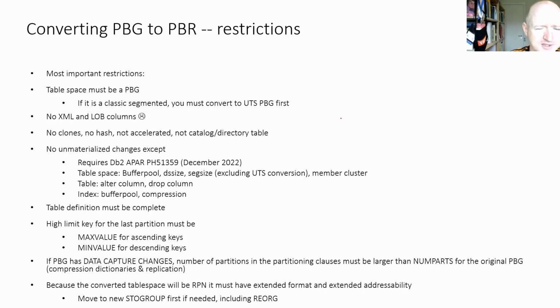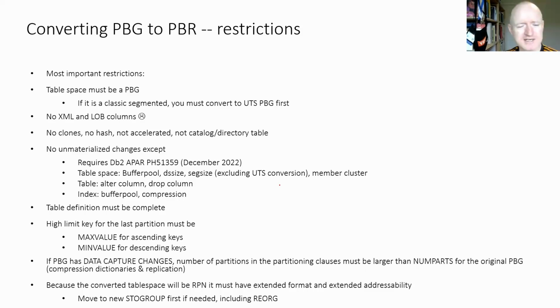The table definition must be complete for the table, so you must have keys, index for primary keys, and so on. When you create the partitioning key, you must use MAXVALUE for ascending keys or MINVALUE for descending keys. So that's to make sure that all the data can go into a partition. If you did not use MAXVALUE, for instance, there might be data that would not fit in any partition. That's probably not good.